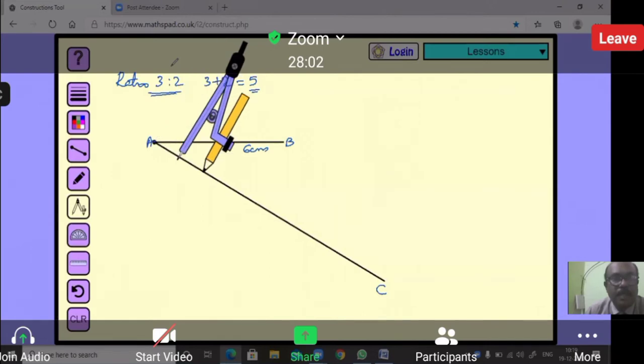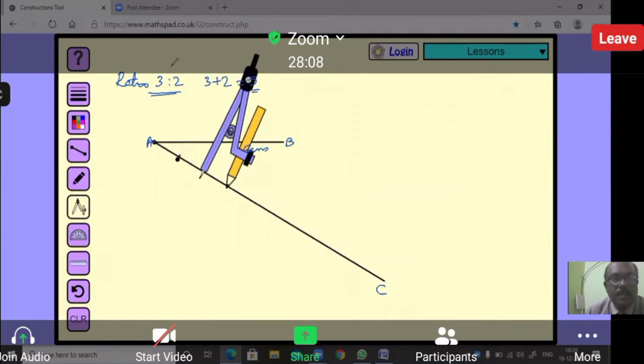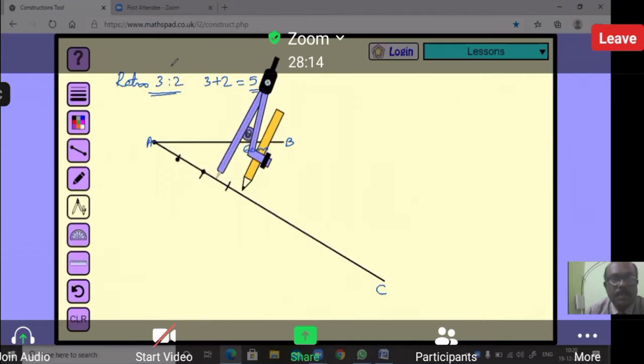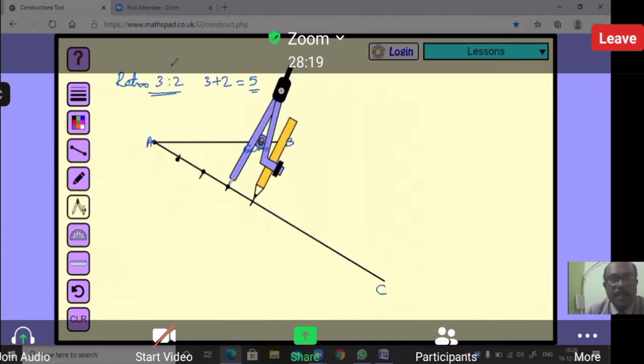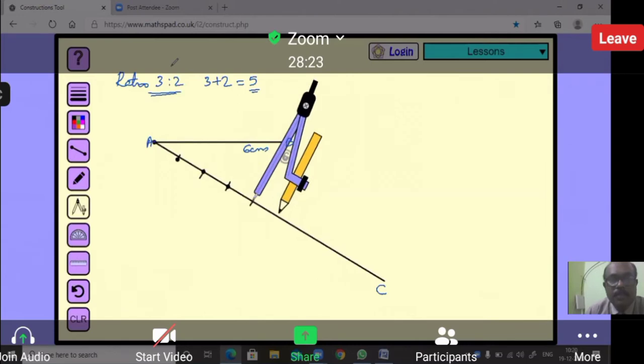Then bring the compass at the second position and mark once again. Then bring the compass in the third position and mark once again, and then bring the compass in the next position. Then you continue this up to how many parts? Up to 5 parts. I think 5 parts are 1 2 3 4 5. Okay, let's call back the compass.